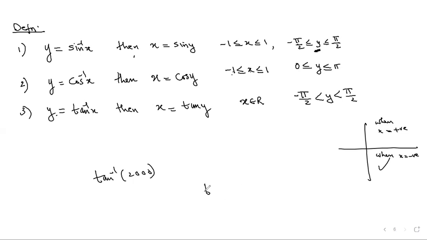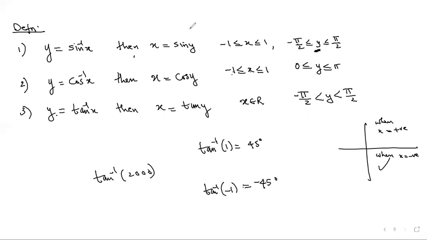If I ask you tan inverse of -1, is it a positive number or a negative number? Speak out. How much is tan inverse of 1? Which angle's tan gives you 1? 45. So what will be tan inverse of -1? -45. Very good. -45.